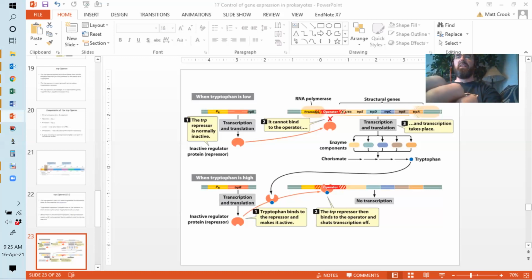And this ties into the coupling of transcription and translation in prokaryotes.